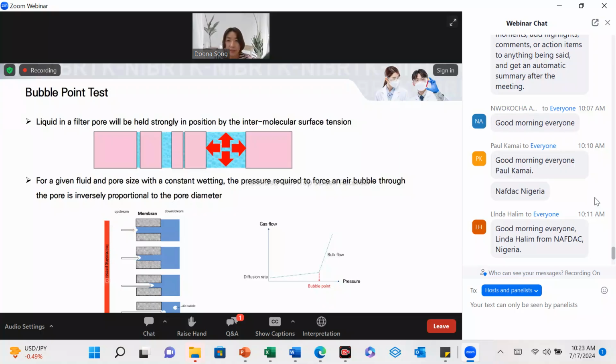As the pressure increases, there comes a point where the trapped solution is suddenly pushed out. This point is the bubble point because bubbles come out at this time. When this pressure is higher than the filter specified limit, it ensures the pore size and integrity are maintained. If the filter isn't integral or not well wet, there will be a high gas flow rate at low pressure.